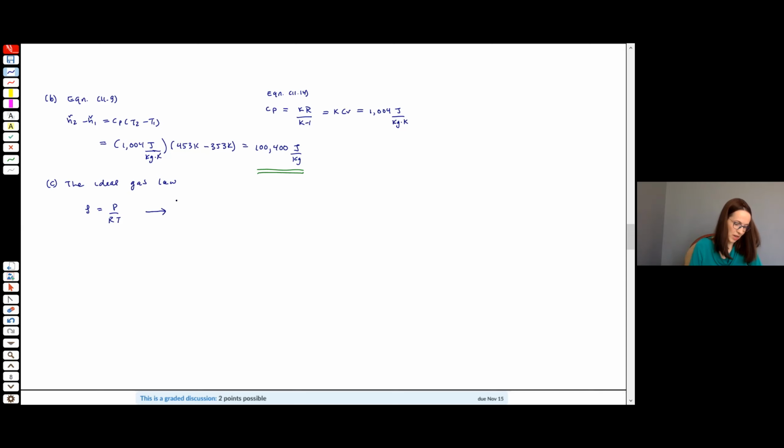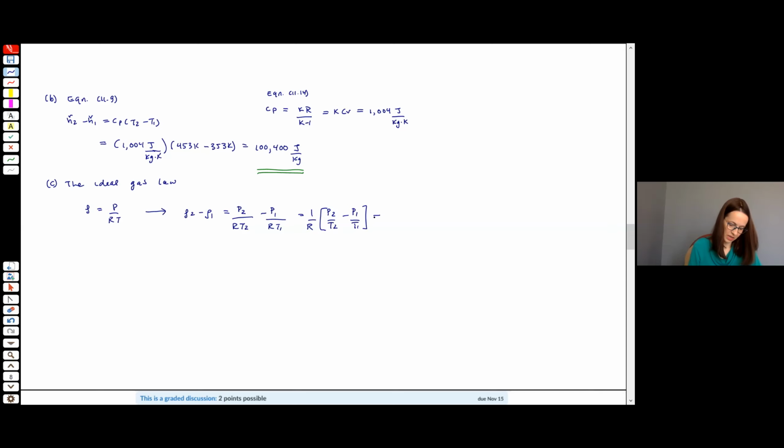So we can actually write rho 2 minus rho 1 is equal to P2 over RT2 minus P1 over RT1, or factoring out the gas constant R, this just gives us 1 over R times P2 over T2 minus P1 over T1.